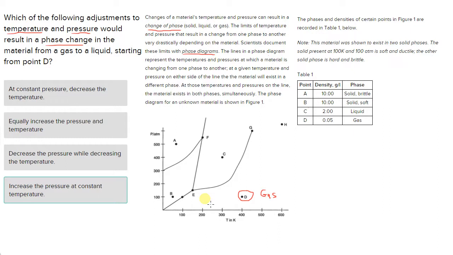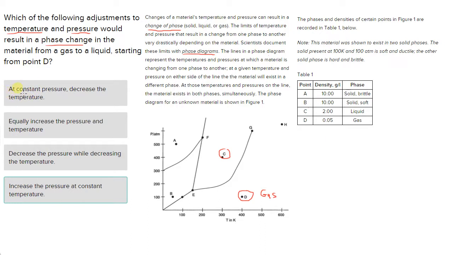We're being asked what change in temperature and pressure would result in a phase change in this material from a gas to a liquid. So we're trying to take this material from point D, from a gas to a liquid. What changes in pressure and temperature would do that? Let's go through our different answers, because this is one of those problems that's very confusing, and you could easily make a mistake if you're not careful going through each answer choice.